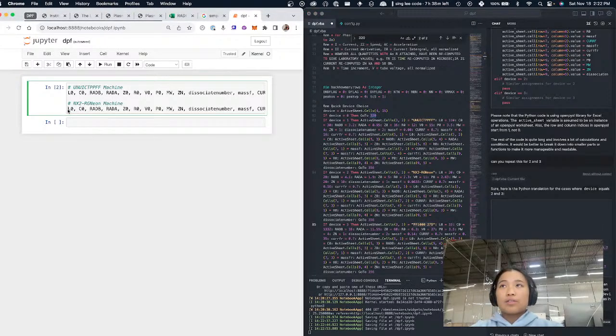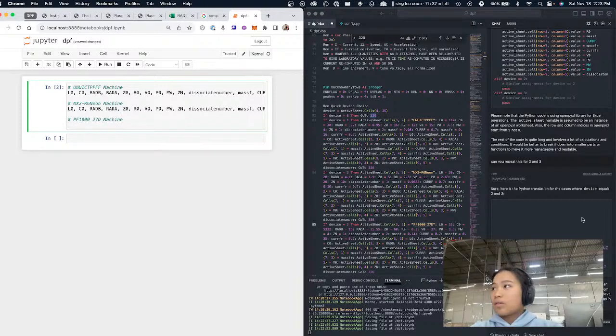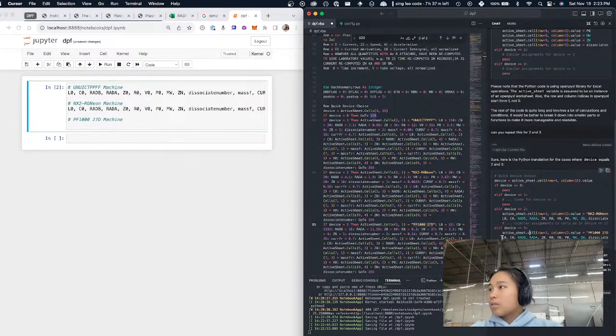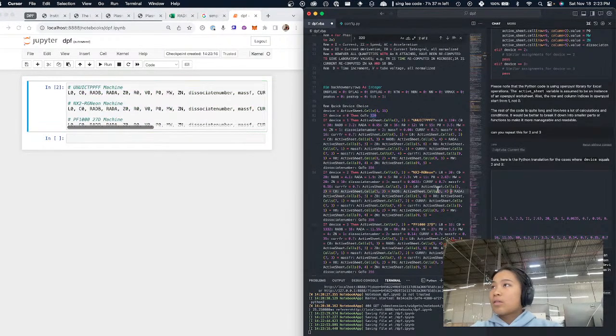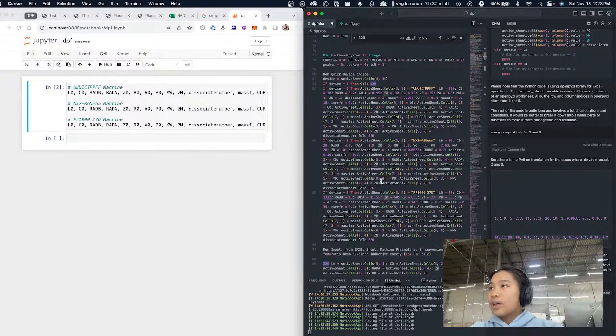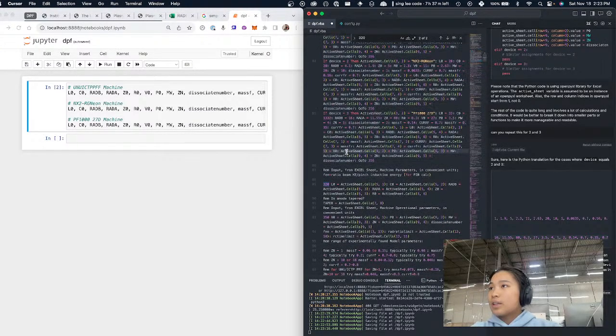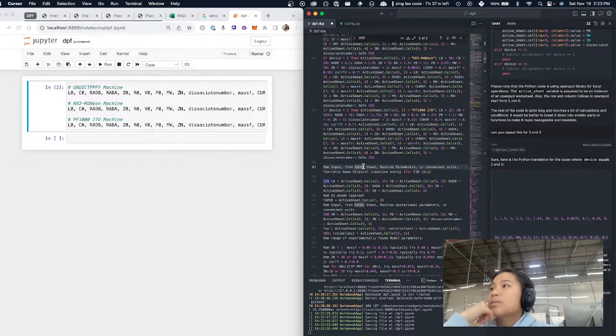This is for the PF1000 machine. Okay, so that actually covers the bulk of this. Into Excel machine parameters in convenient units.